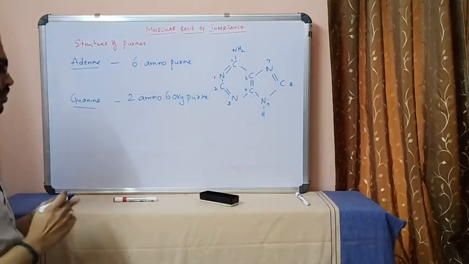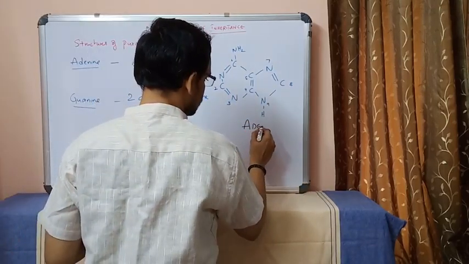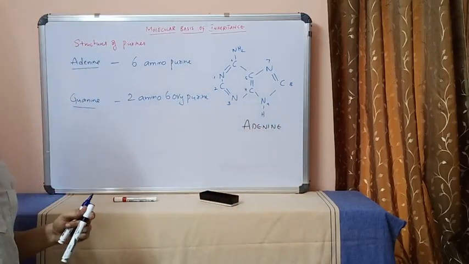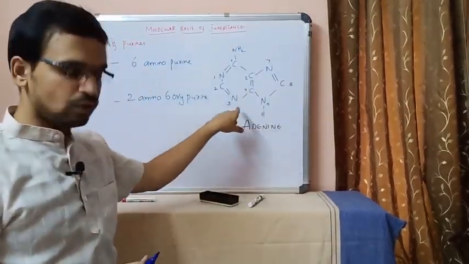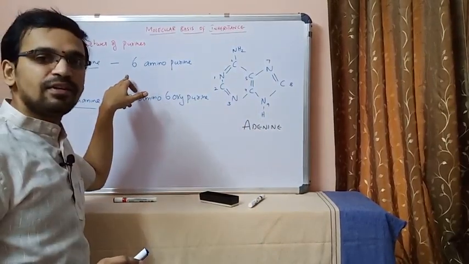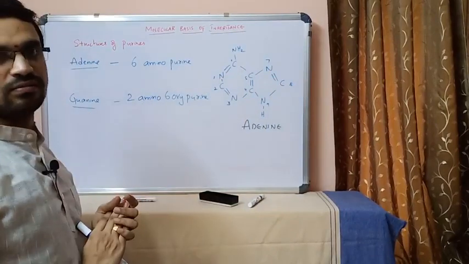Then it is adenine. This is the structure of adenine. So if you know the general structure of the purine and the chemical name of the purine, then it will be easy to draw the structure of a specific purine.